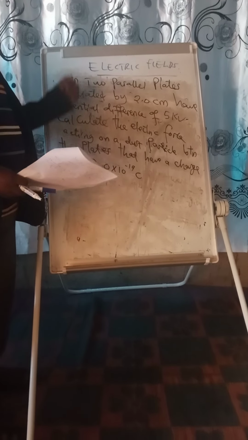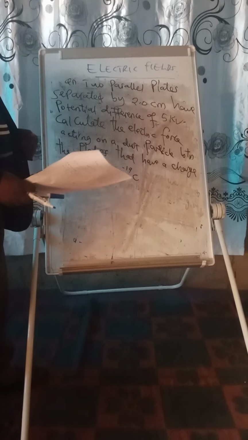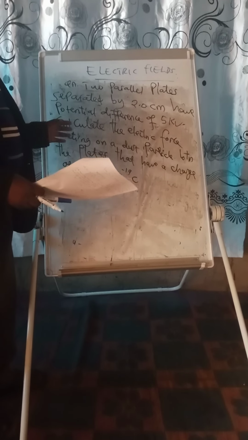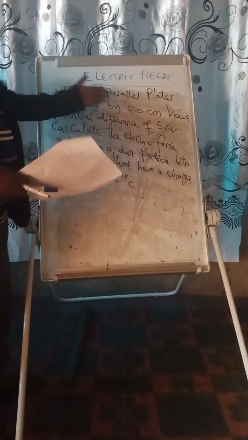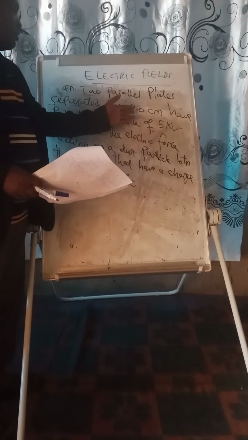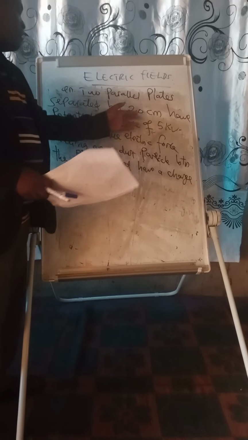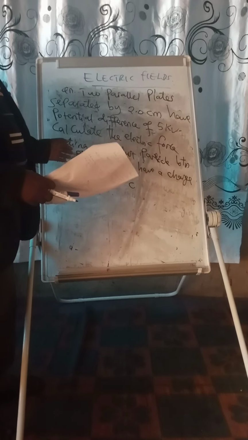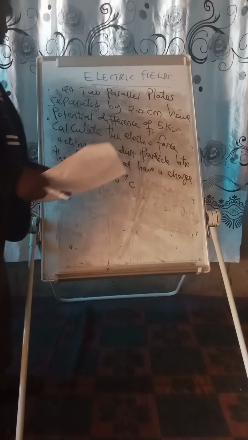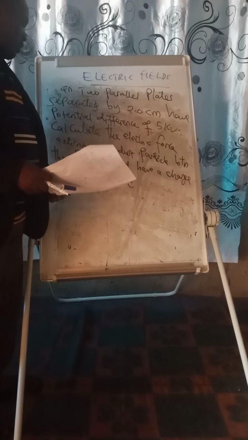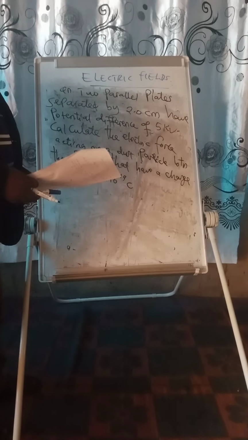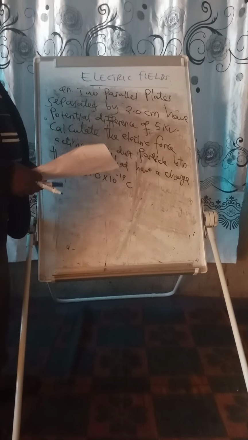So let us see this question as an example of how to use the electric field strength formula to calculate the questions. Two parallel plates separated by 2 centimeters have a potential difference of 5 kilovolts. Calculate the electric force acting on a dusty particle between the plates that has a charge of 8 times 10 to the power negative 19 coulombs.